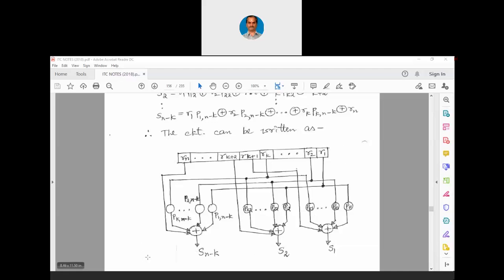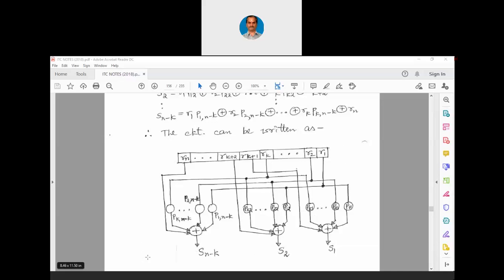So in this way, hardware for the syndrome calculation circuit can be implemented using a register, multipliers, and the XOR operation. You can visualize the hardware required at the receiver. We need an n-bit register, and then we need so many multipliers.